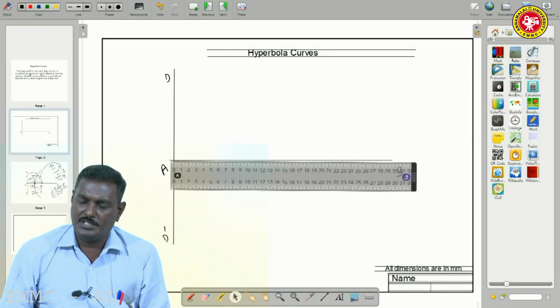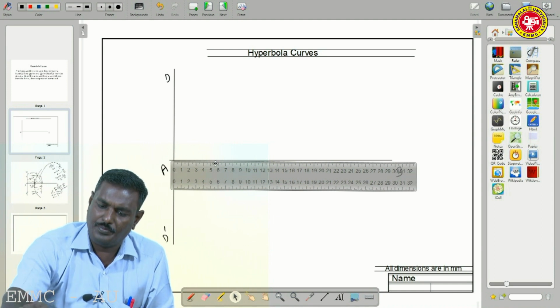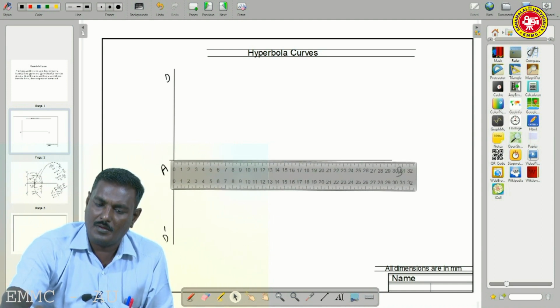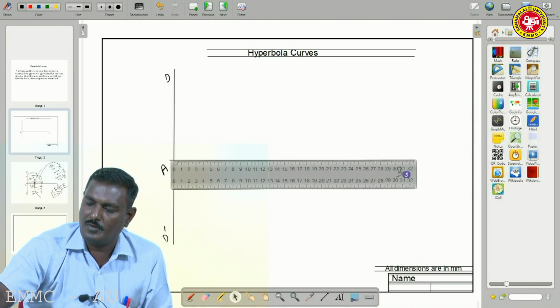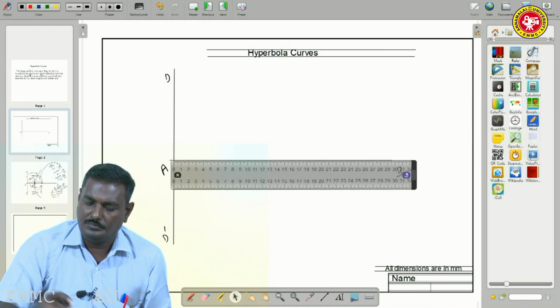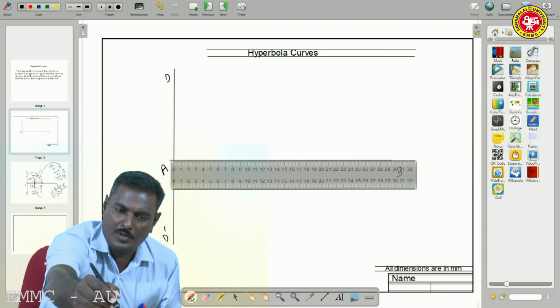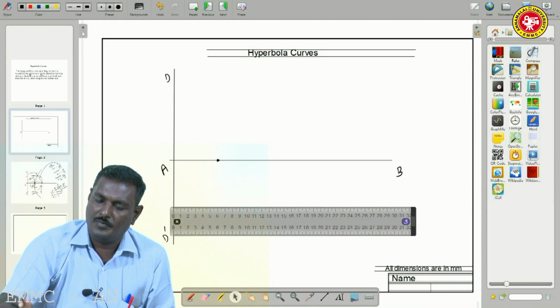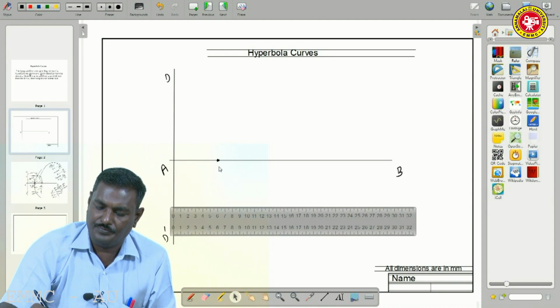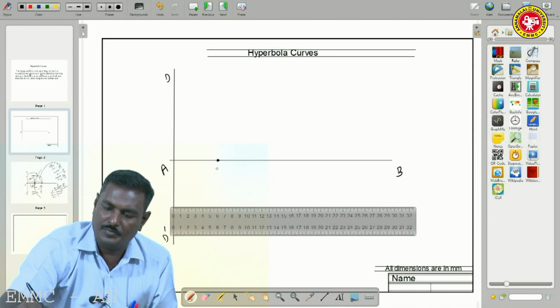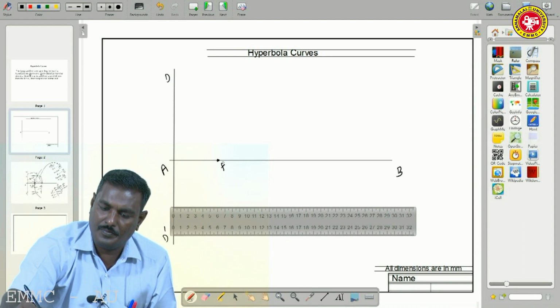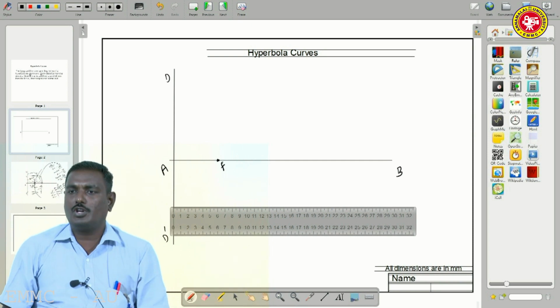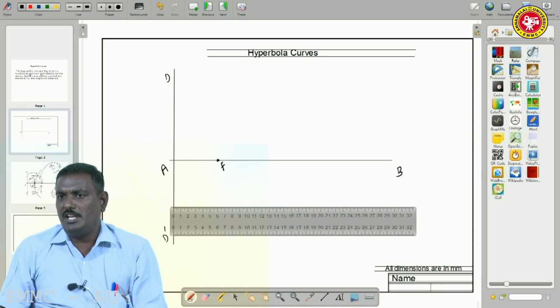So 60 mm, that is 6 centimeters here. Mark it. So this is F, the focal point.